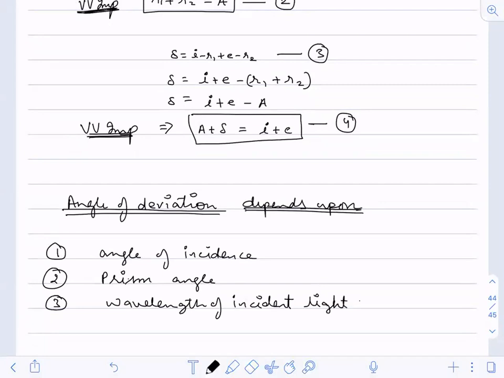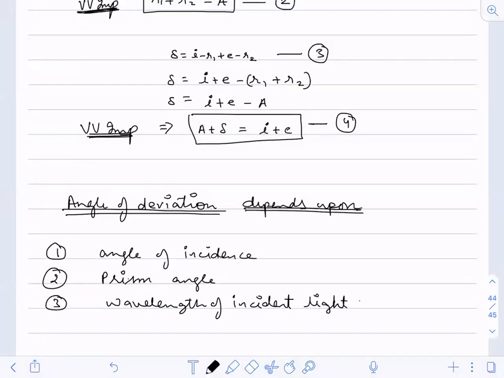Okay, so it depends upon all these three things: angle of incidence, angle of prism, wavelength of incident light.